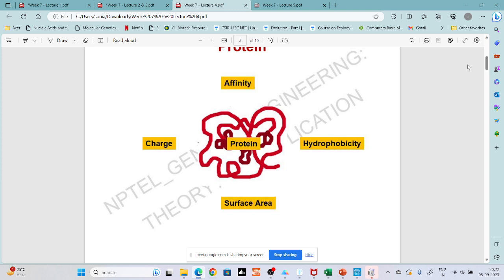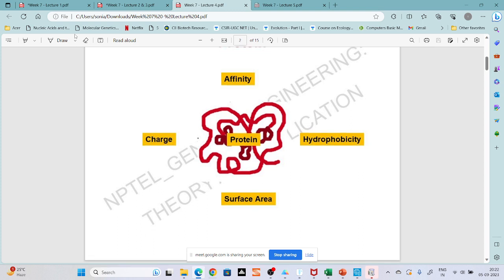Fine. So if we talk about proteins, the different kinds of adsorption chromatography that have been developed, ion exchange chromatography, affinity chromatography, size exclusion chromatography, have all been developed by exploiting the different properties of a protein. Proteins can have different charges.